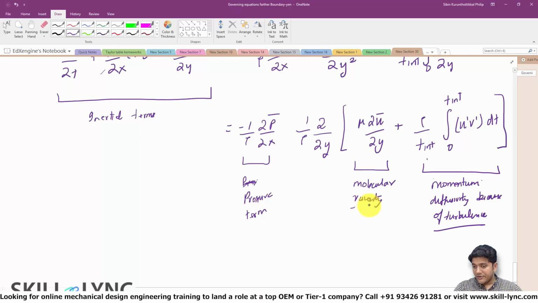So this here is called your viscous stress, and this right here is nothing but your Reynolds stress. Getting this Reynolds stress correctly is what turbulence modeling is all about.